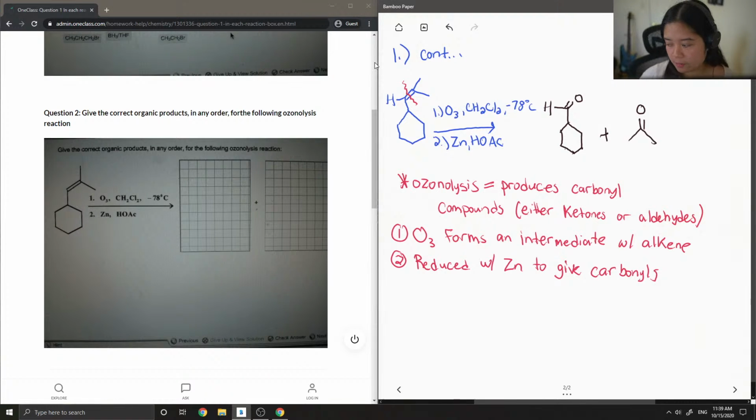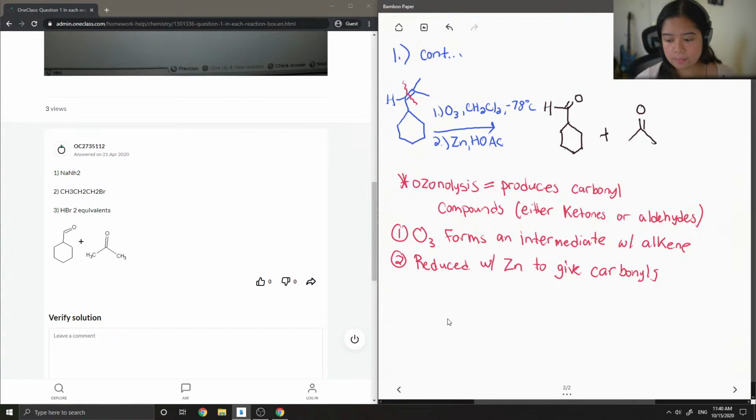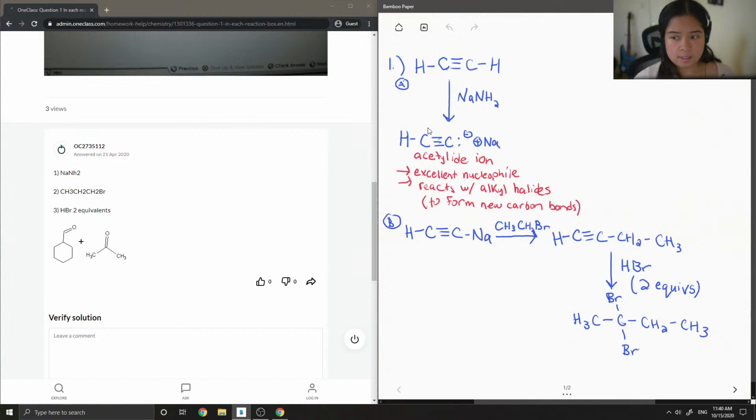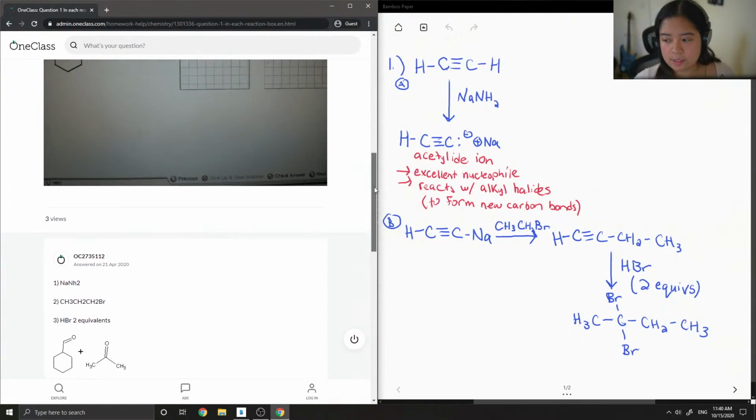Okay, so let me just confirm with the answers here. From question 1A, we would use the sodium amide, and then the ethyl bromine. I think they might have used an extra carbon there.